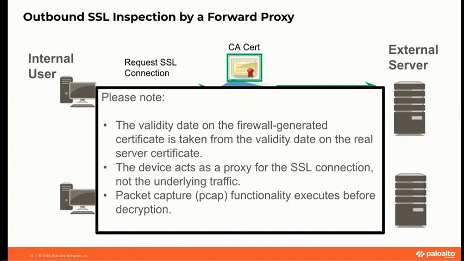Be aware of these key points when you implement the forward proxy. The validity date on the self-generated certificate is taken from the validity date on the real server certificate. The device acts as a proxy of the SSL connection, not the underlying traffic. Any packet capture (PCAP) functionality executes before the decryption.